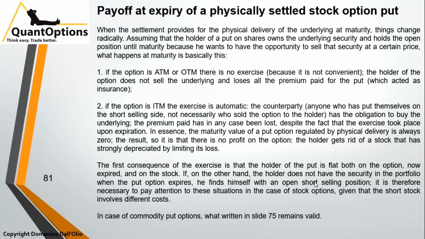It is therefore necessary to pay attention to these situations in the case of stock options, given that the short stock involves different costs. In the case of commodity put options, what's written in slide 75 remains valid. So far, that's all. Thank you for your attention.